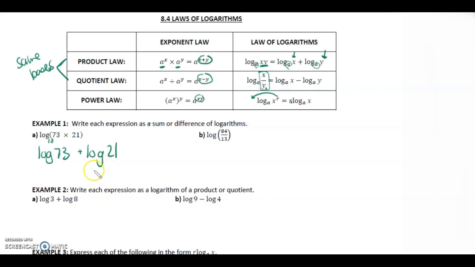Likewise, if we have log of 84 divided by 13, this is the quotient law. So we can just write log 84 minus, sorry, that's going to be subtraction, log 13. And these two expressions are equivalent.